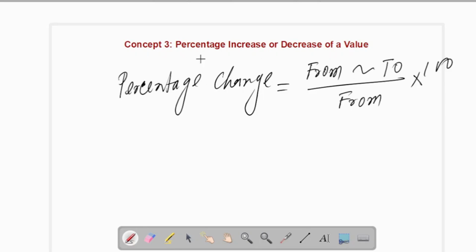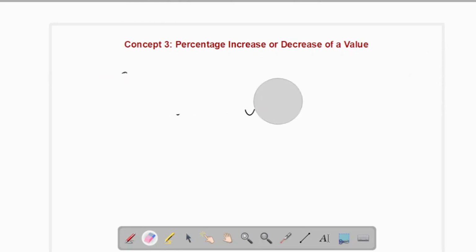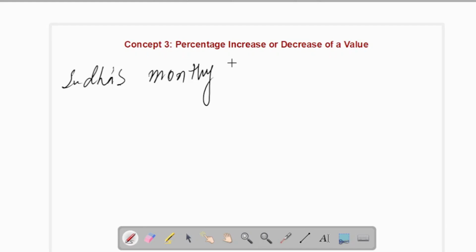Now take a question with an example. Say Sudha's monthly salary is rupees 40,000.